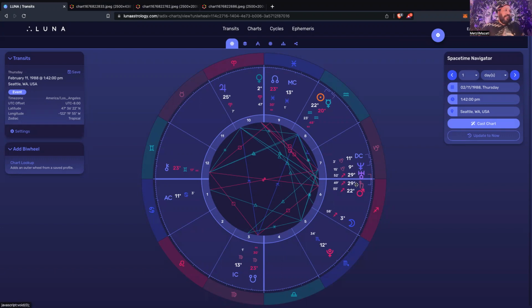So Saturn here at the 29th degree, it's very critical, experiencing transformation, experiencing, again, a lot of death. Also with Chiron over here, 12th house.